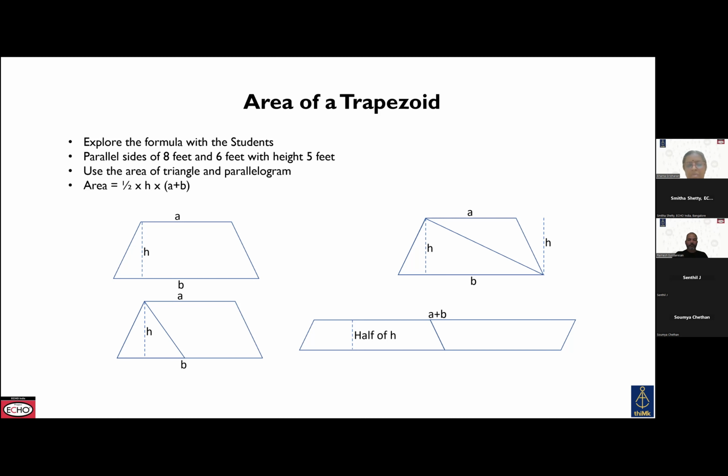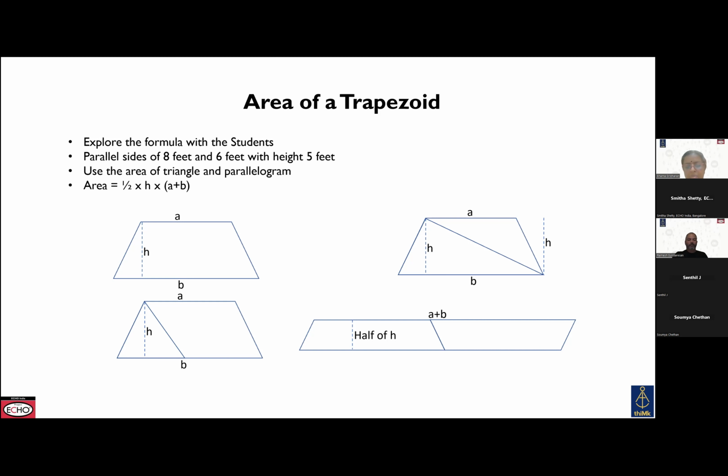If you slice it across the diagonal, you get two triangles, with bases A and B, but both have the same height. So it is two triangles, half base into height, with base A for one triangle and B for the other, which adds up to half A plus B into height.